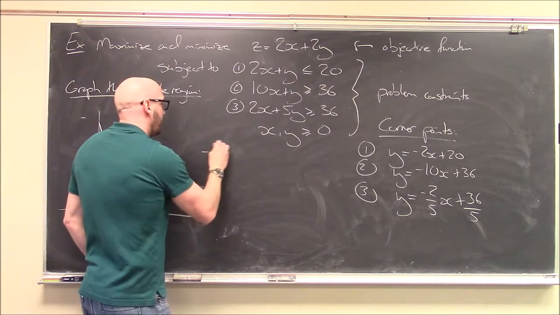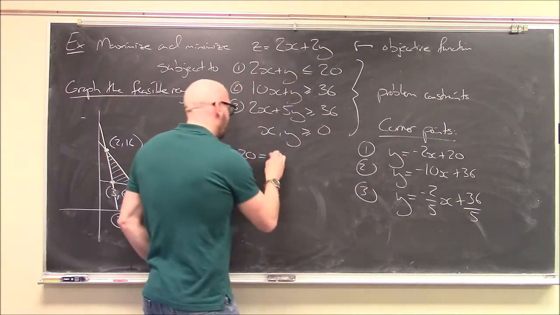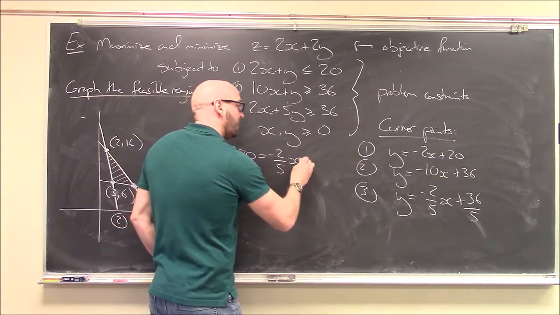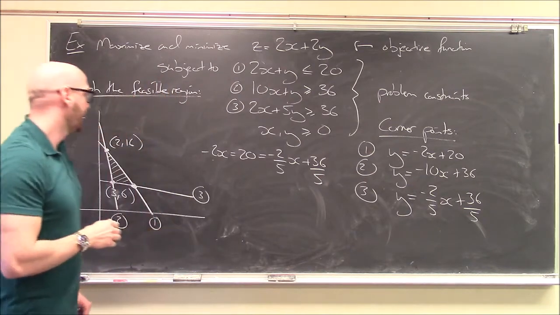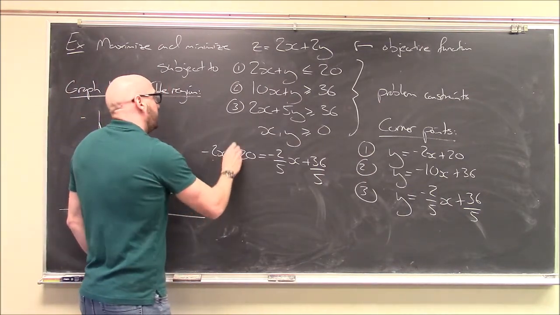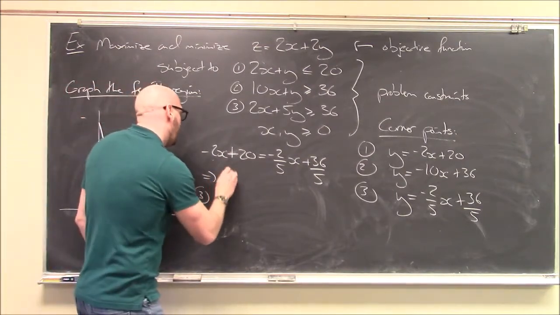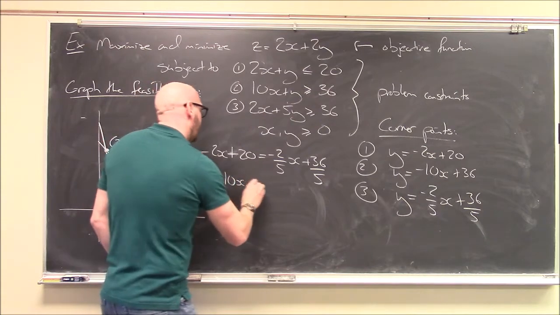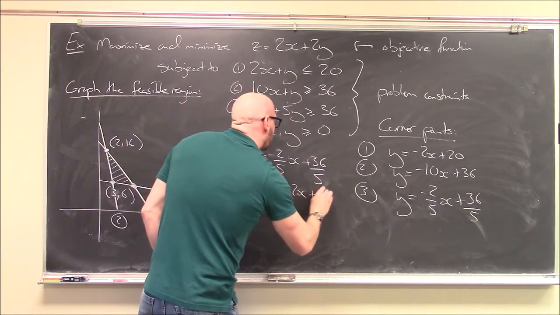So we'll equate equation 1, minus 2x plus 20, to equation 3, minus 2/5 x plus 36 over 5. Once again, oops, this is a plus 20. Once again, I want to multiply both sides by 5, so we're looking at minus 10x plus 100 is equal to minus 2x plus 36.